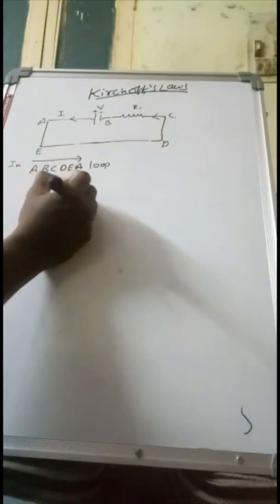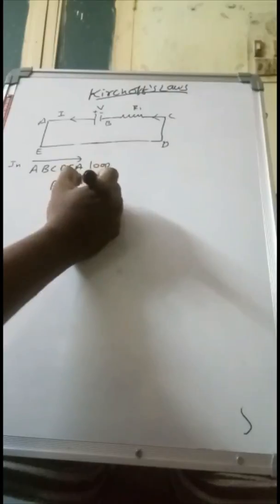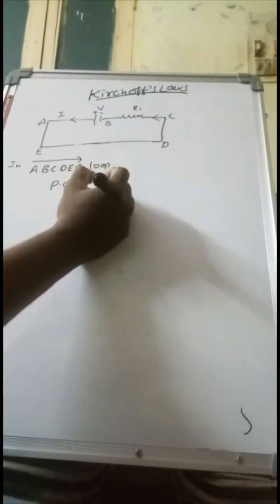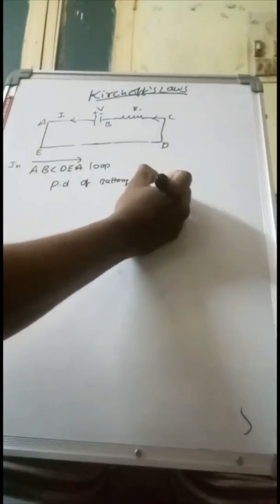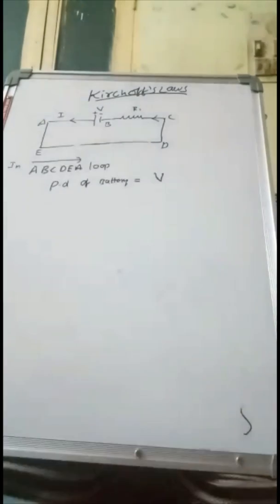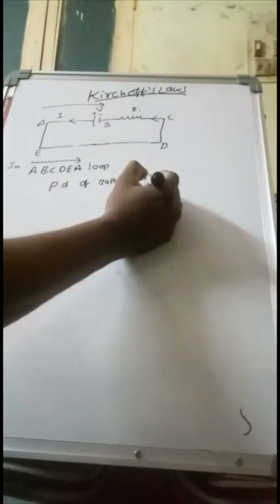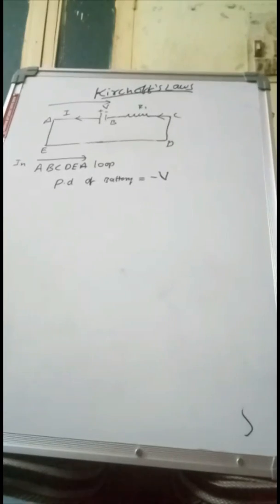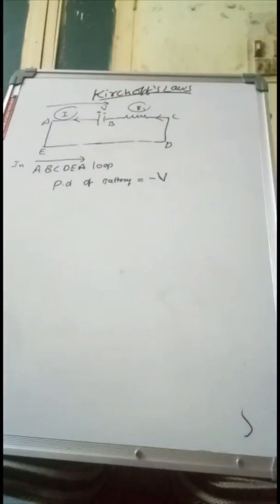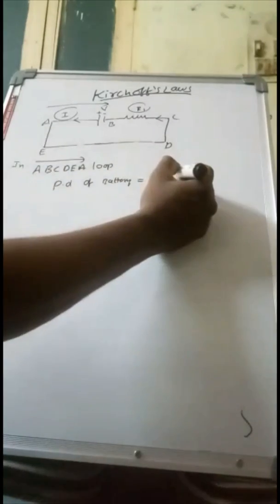Then the potential difference, or we can say the EMF of the battery, is given by V. It is plus or minus because the loop is moving from A to B like this, and we move from plus to minus, so minus V. Similarly, from B to C we have R1, but we should take R1 along with I, since V is equal to IR, so we always take both.